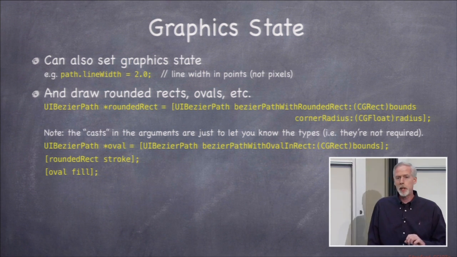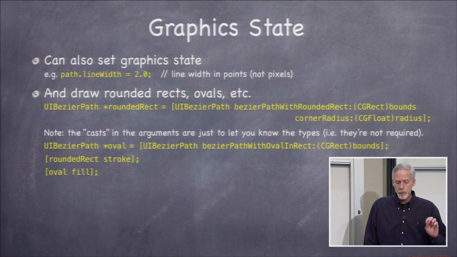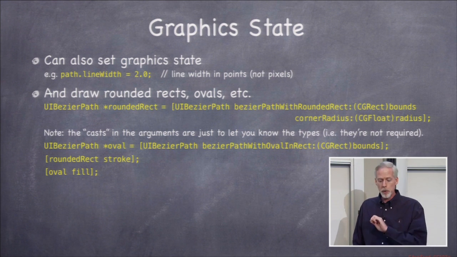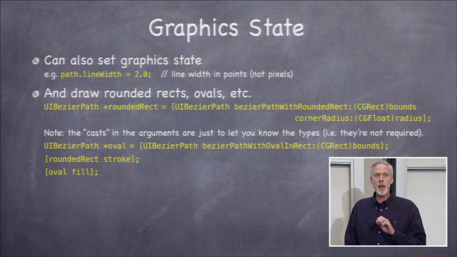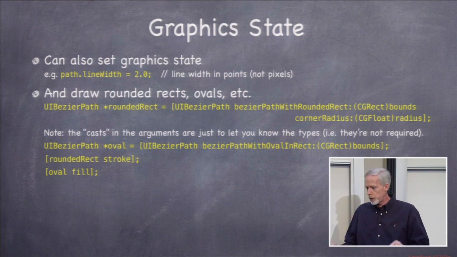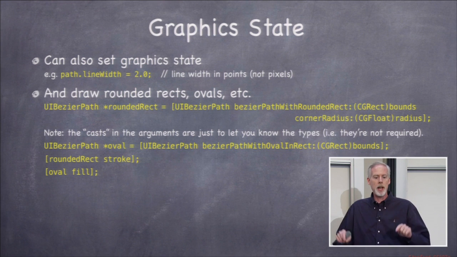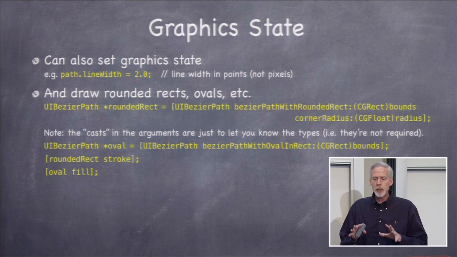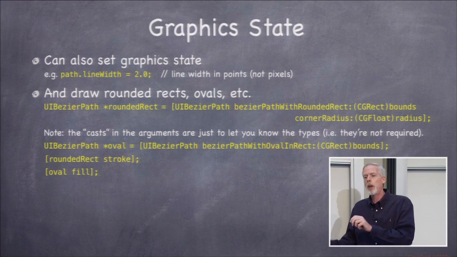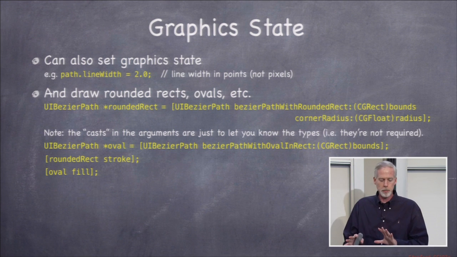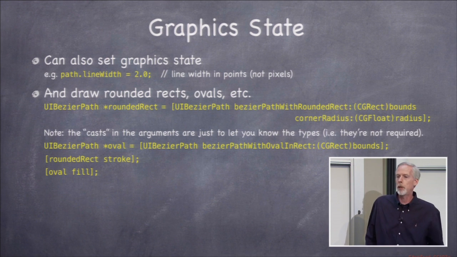And also UI Bezier Path has a lot of cool functions like Bezier Path with RoundRect corner radius. Okay? And that will give you a path which is a rounded rectangle inside of certain bounds. Okay? And it has a bunch of other ones similar to that so that you can build more complicated things than line to, line to, line to. Okay? I just show you that because it's simple. Right? So that's how you would, for example, create an oval.